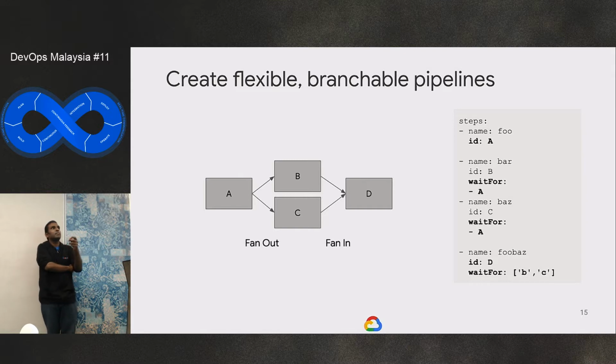So B and C will start at the same time? Possibly. We use that for infrastructure that can start together, like the database, whatever, for application stuff. Does that answer your question?